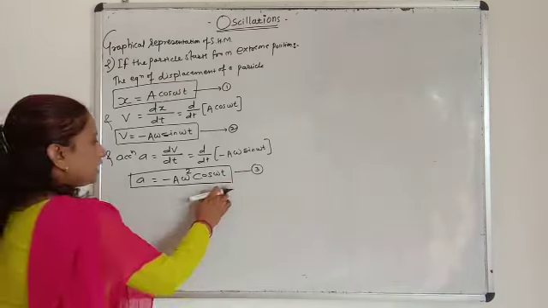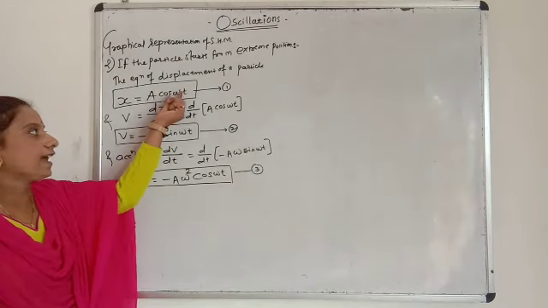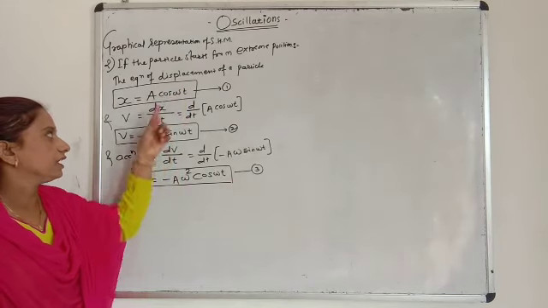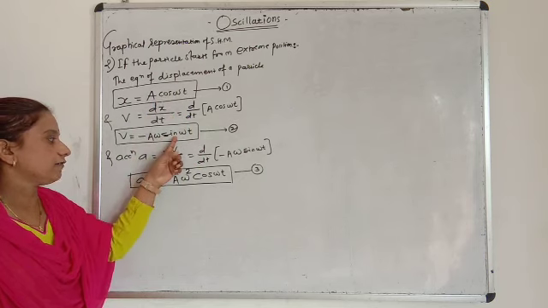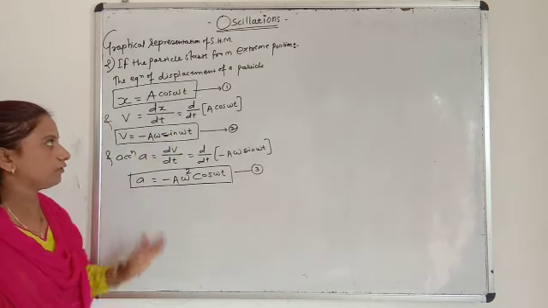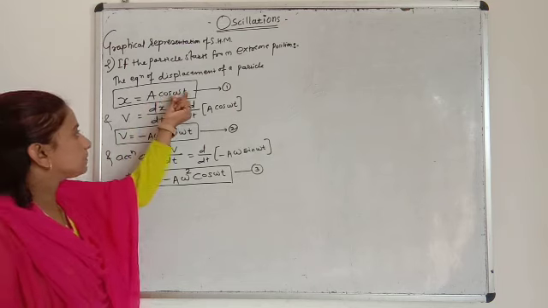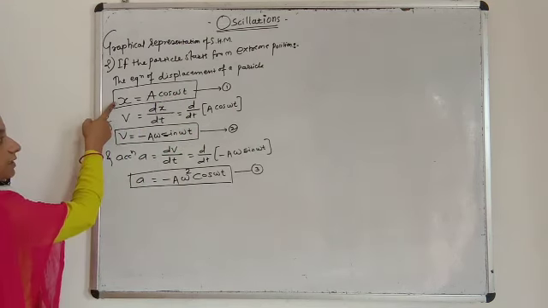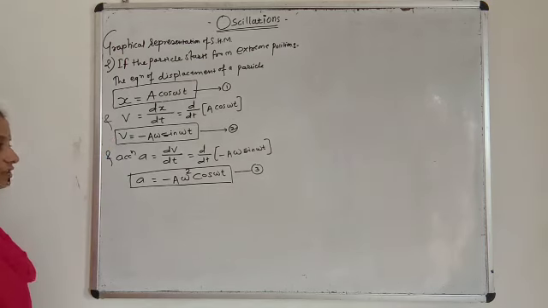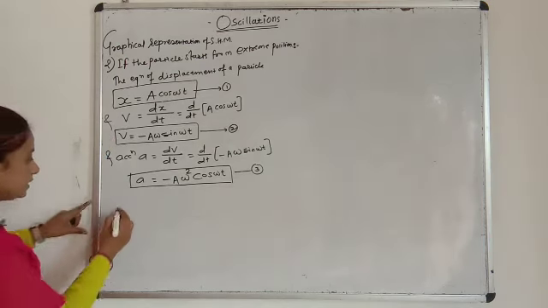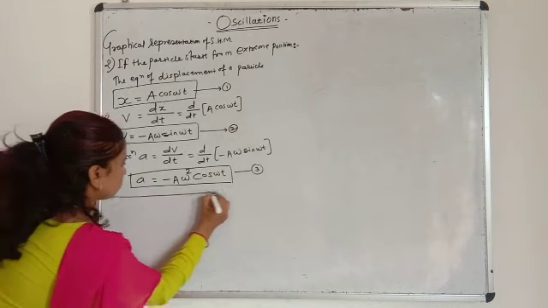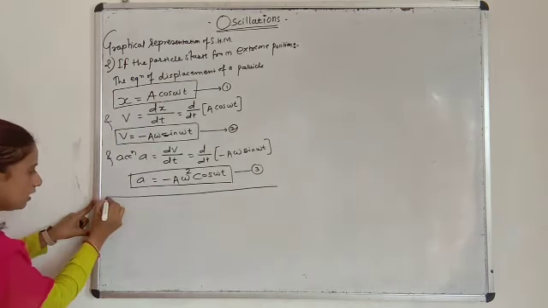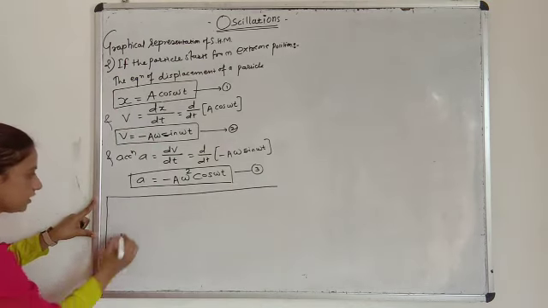So this phase angle omega t, this is a cosine function, this is a sine function, and this is also a cosine function. If this phase is varying, displacement, velocity and acceleration are also varying, and these different terms are put in tabular form for the graphical representation.